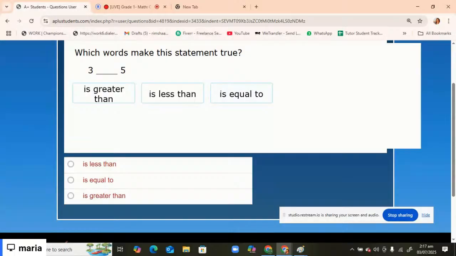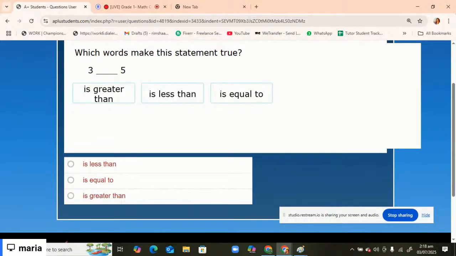Tell me in the chat. 3 is greater than 5, 3 is less than 5, or 3 is equals to 5.